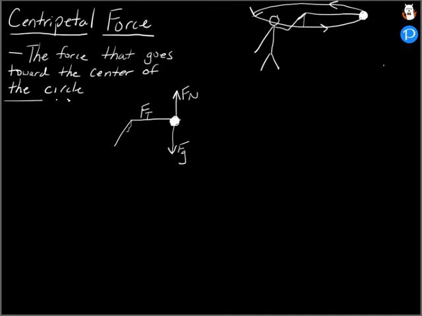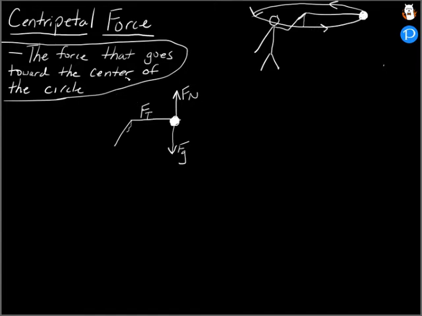The force that goes towards the center of the circle is the centripetal force. So that means the centripetal force could be a lot of different things. It depends on the situation at hand. In this situation, the centripetal force is the force of tension.